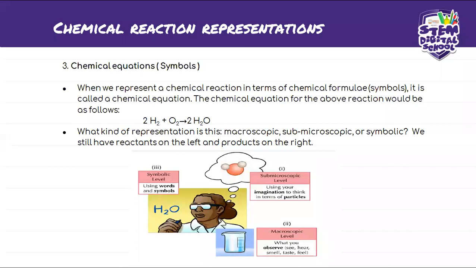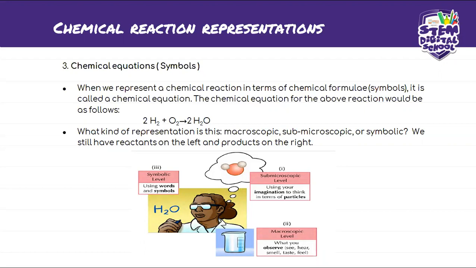We have to balance them. When we are balancing, we write numbers in front of the products and also the reactants. They are called coefficients. So you can see that before hydrogen, we have a 2 there. Oxygen, we have a 2. The product, water as a whole, we have a 2.